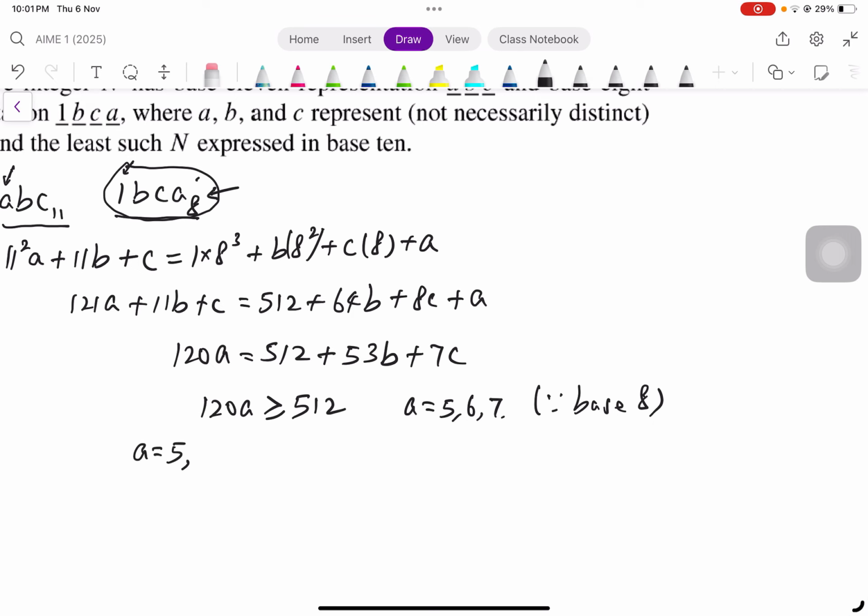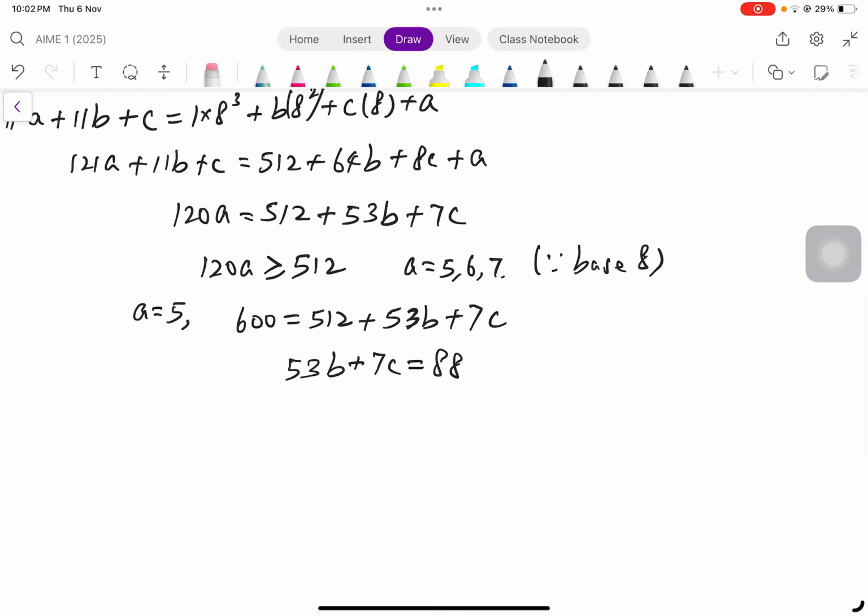That gives 600 on this side, and 512 plus 53b plus 7c on the other. So 53b plus 7c is equal to 88.